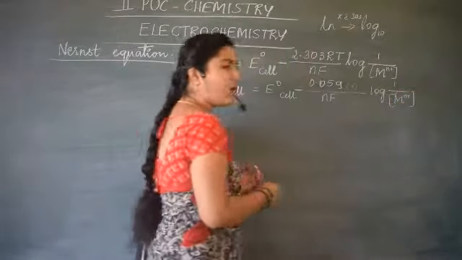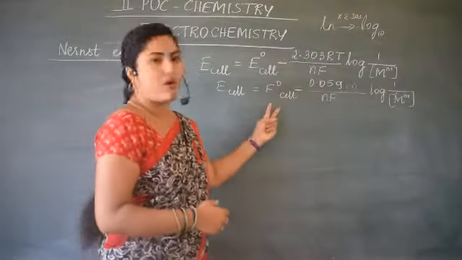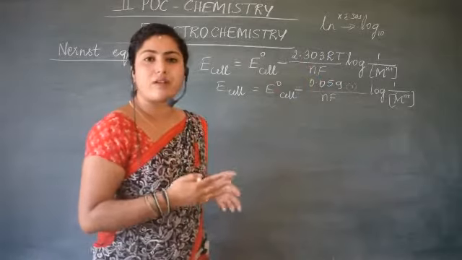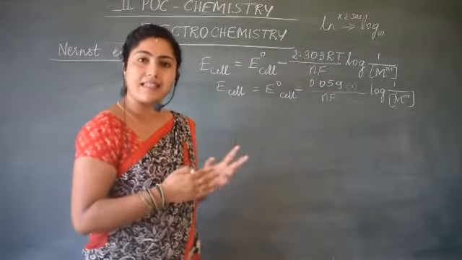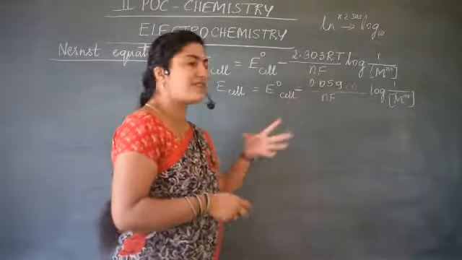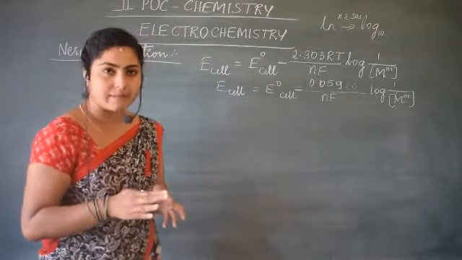You can write either this one or this. This is after multiplying the constant value, that is the value for gas constant R as 8.314 and temperature as 298 Kelvin. You get it as around 0.059.